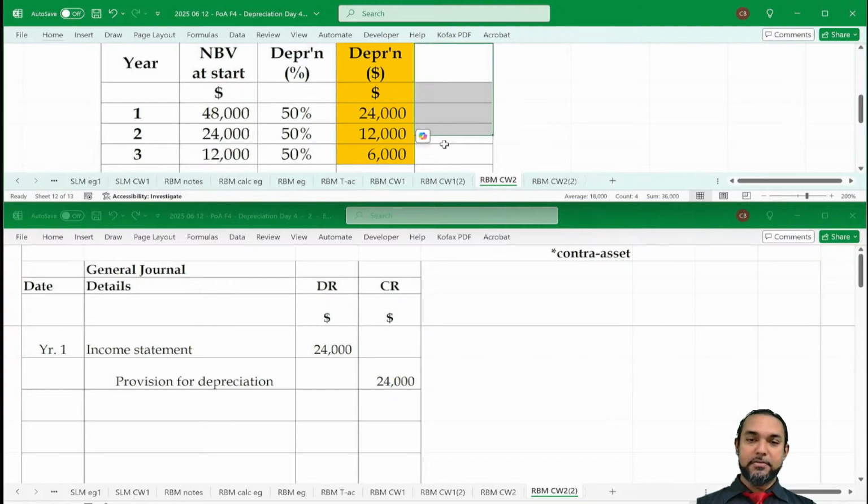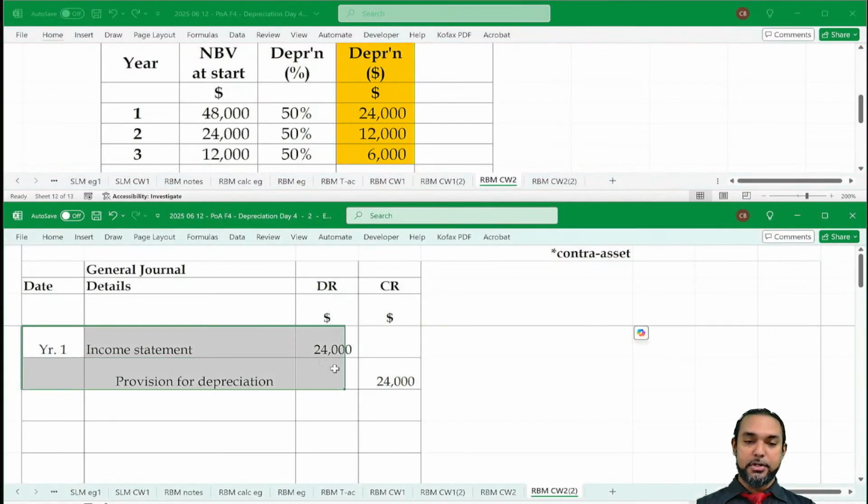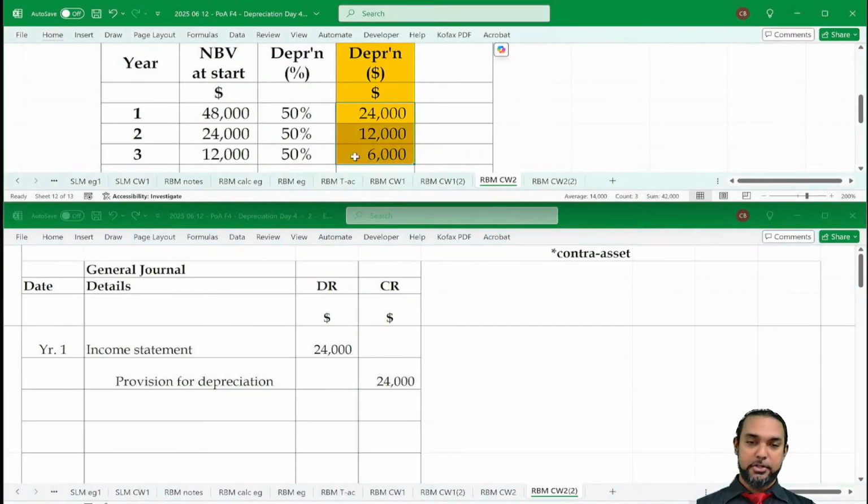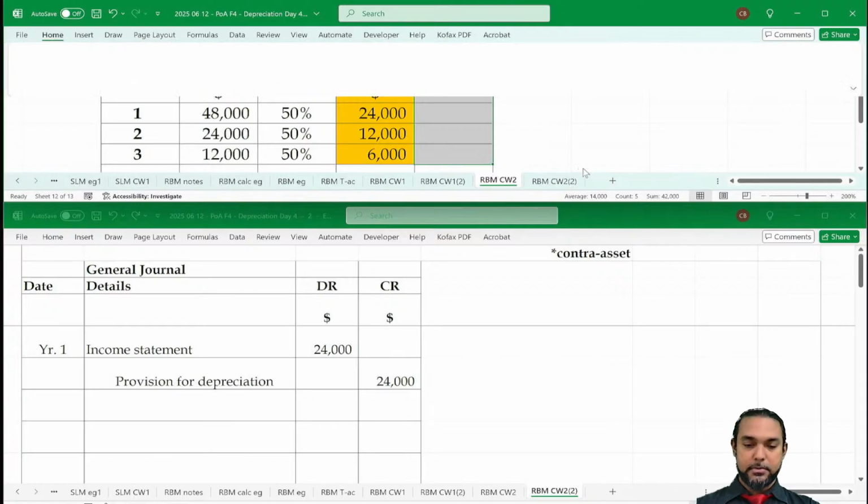The net book value would come into play when you're doing the balance sheet. So when you're recording depreciation, you need the depreciation charge; the net book value comes into play at the very end when you're doing your balance sheet. Does that help at all? All right, cool, no problems.